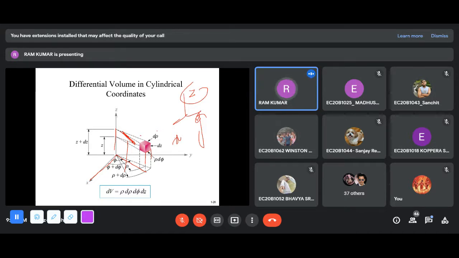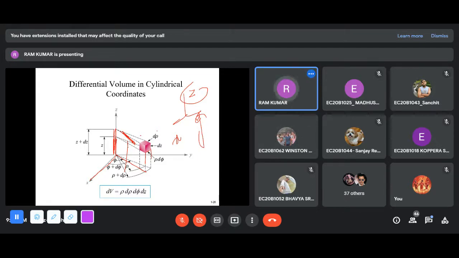Similarly, in the cylindrical coordinate system, you represent the components along the radius rho, the angle phi, or the height z. All three components are involved in representing the whole value due to any charge or differential volume.